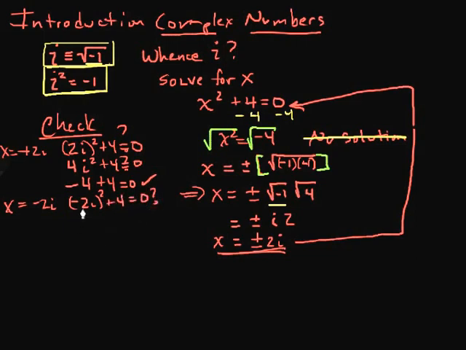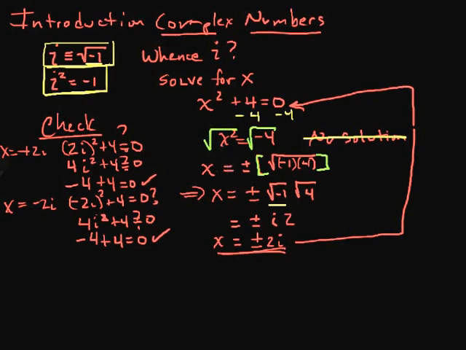Is that true? Well, a negative squared is going to give us a positive 4i squared plus 4. Is that equal to 0? Of course it is. We just did that a second ago. That's negative 4 plus 4 equals 0. Check. So there we have the reason why we have the imaginary number i defined as the square root of negative 1.